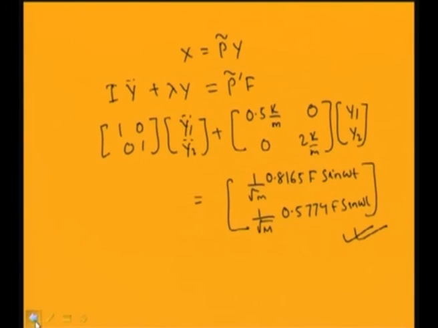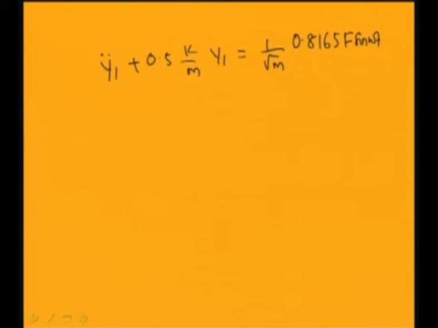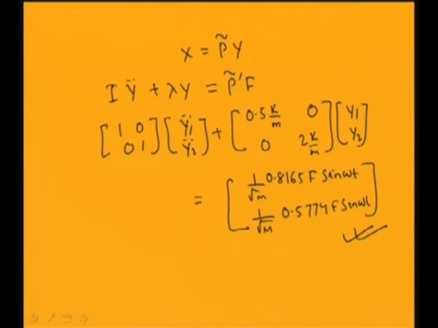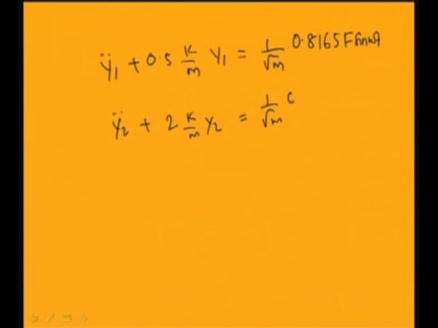The second equation is y2 double dot plus 2 k by m y2 equal to 1 by root m into 0.5774 F sin omega t.